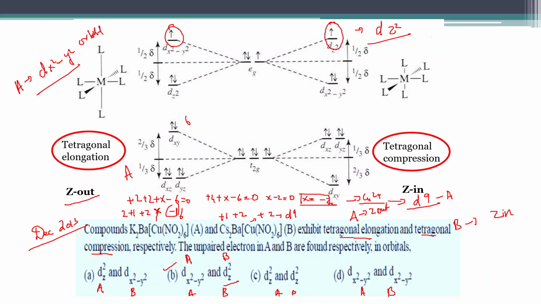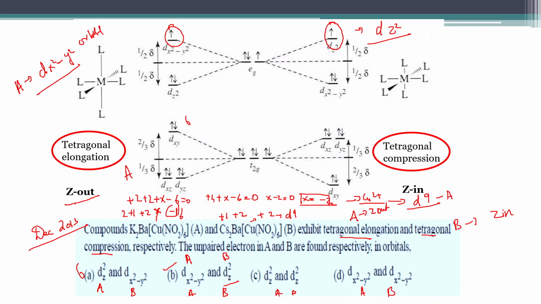And if you have been asked that A exhibits tetragonal compression and B exhibits tetragonal elongation, this will be the answer. But here, if A is tetragonal elongation and B is tetragonal compression, then the unpaired electrons of A and B are found respectively in the orbitals of dx square minus y square and dz square.